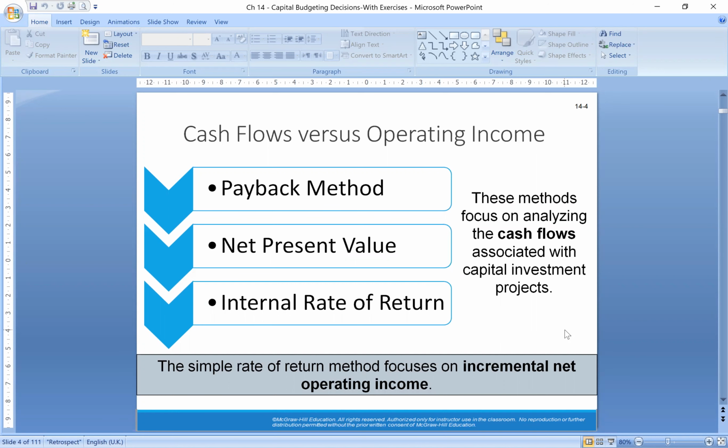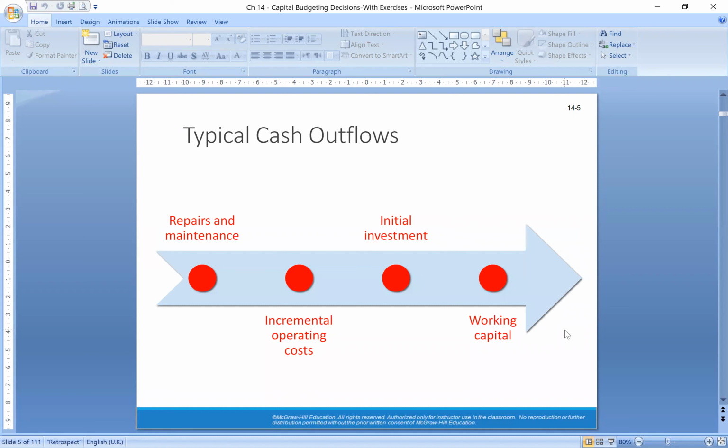Let's see, what do we mean by the cash flow methods? Have you heard about the cash flows? We do have cash inflows, which is the cash expected to be earned by the project, and the cash outflows, which is the cash that I have to pay in order to serve the project.